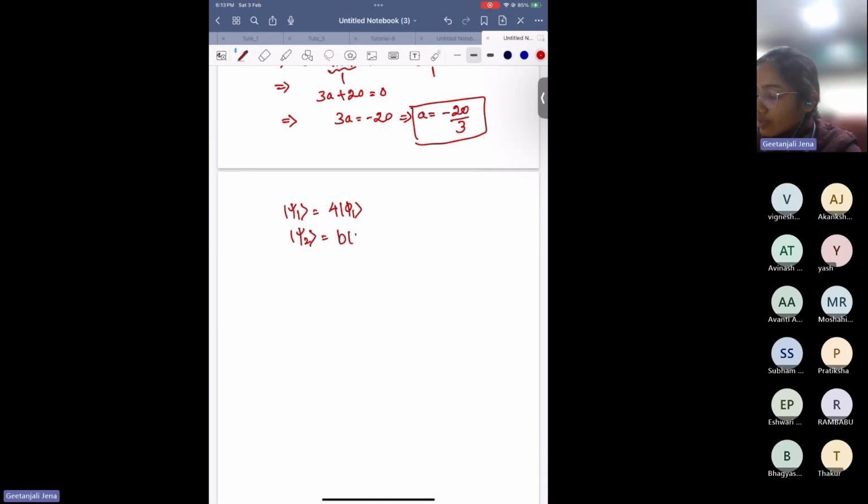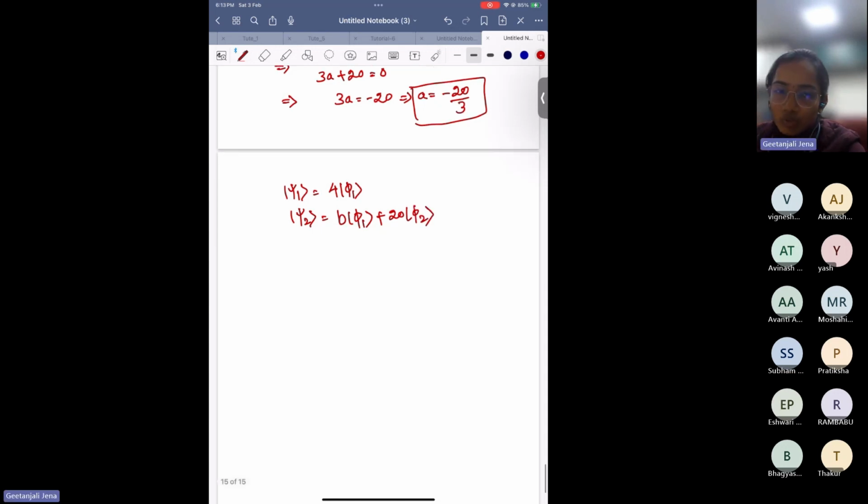Now the same question: these states are orthonormal states. So tell me the value of B such that psi 1 and psi 2 are orthogonal.